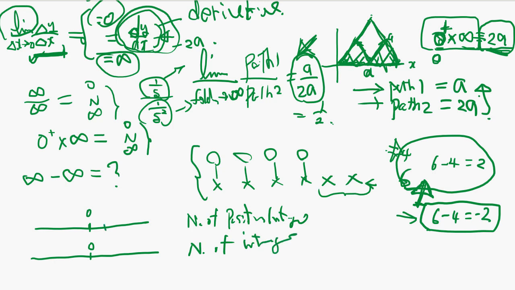So you have 1, 2, minus 1, minus 2. For positive integers we count only this side, but for all the integers we count both sides. So you see, of course this one is larger. You compare this way. Is that so? Not really.